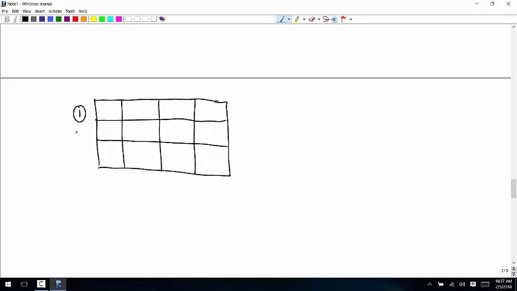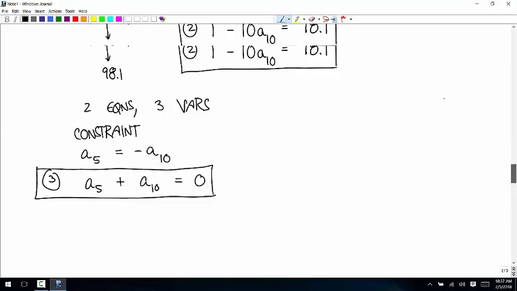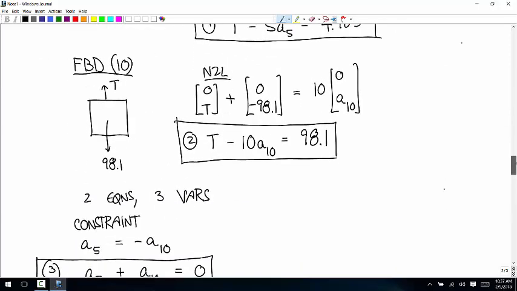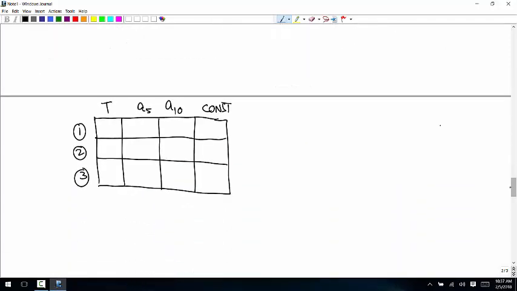Okay, so equation 1, 2, 3, and then T, a5, a10, and the constant. So equation 1 says 1T minus 5a5, and then the constant is 4.905.